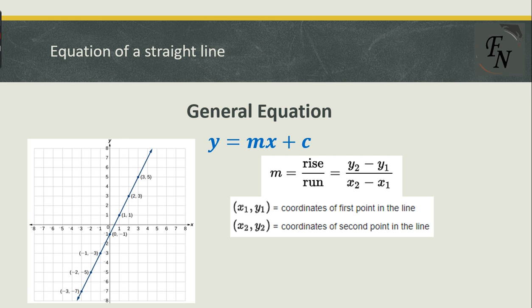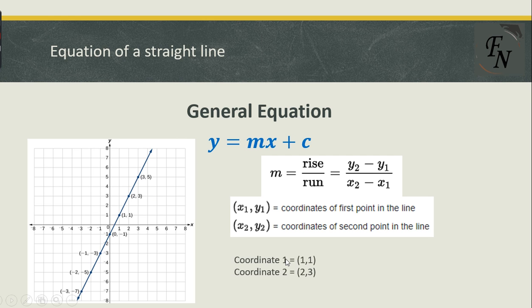As x is the independent variable, the way the y value increases as the x values increase is known as the gradient. So how do we calculate that? We take any two coordinates of this line. We can take -3 comma -7, or -2 comma -5, -1 comma -3, or any point on this line, and use it for the gradient.